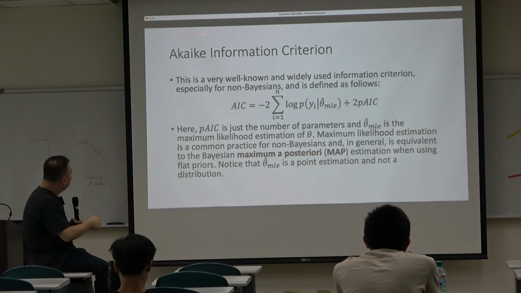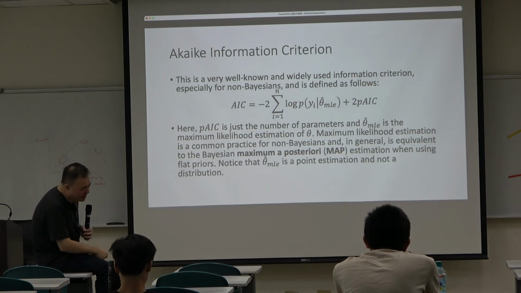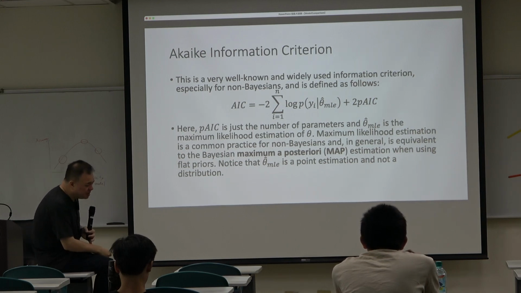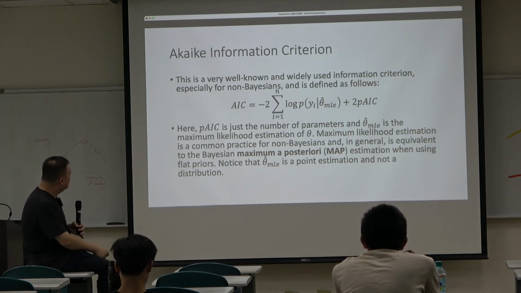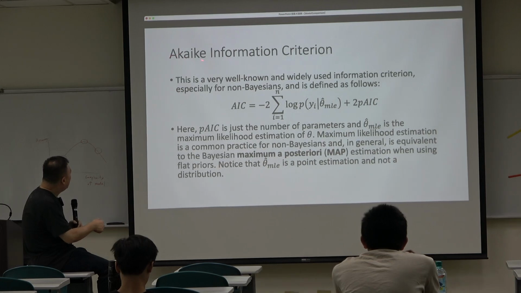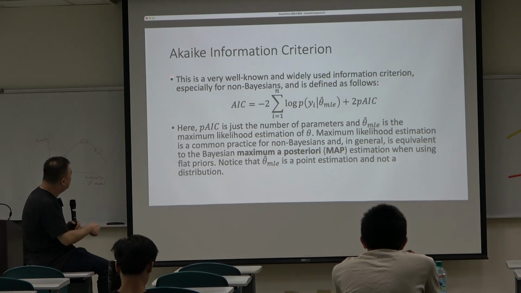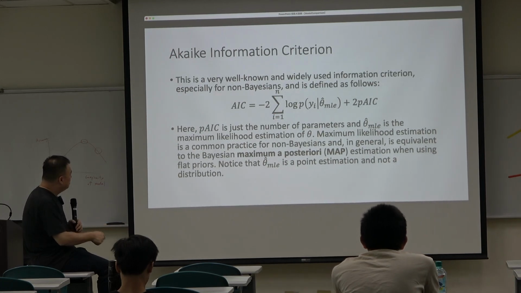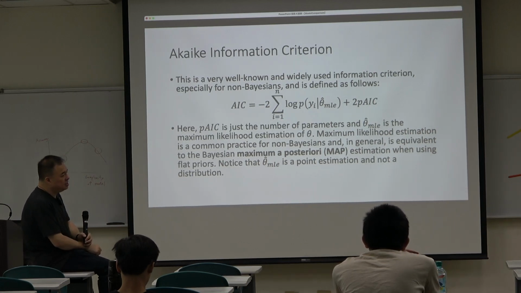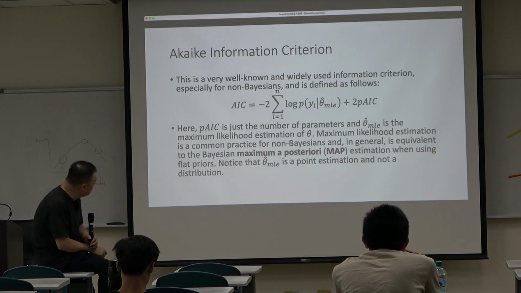So pretty much all these information criteria have something to do with the form of this. So this is one of them, called Akaike information criteria, AIC. This form is very close to the initial one.